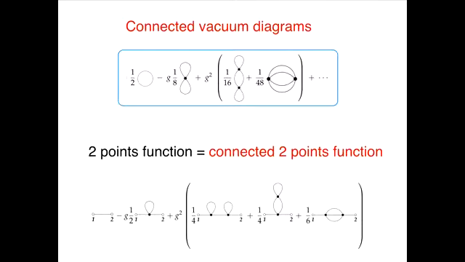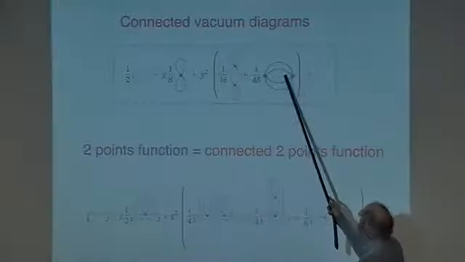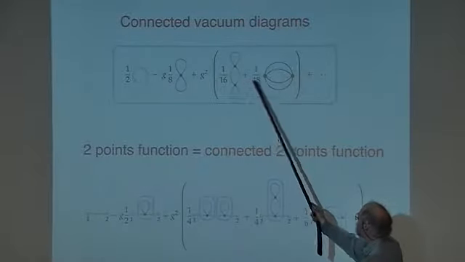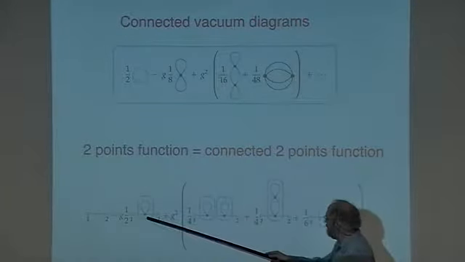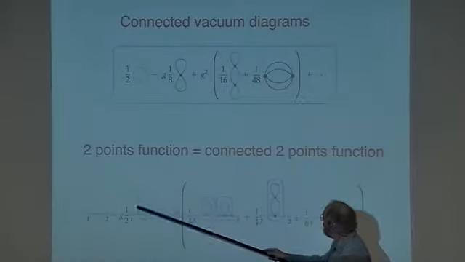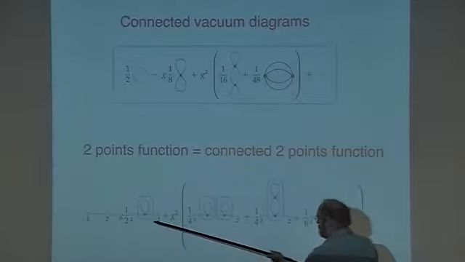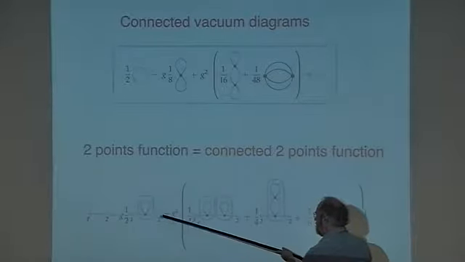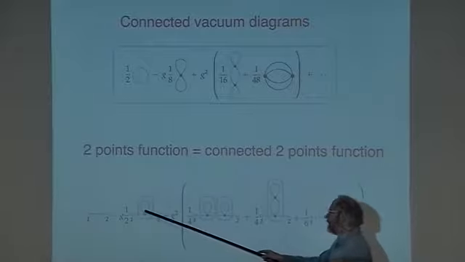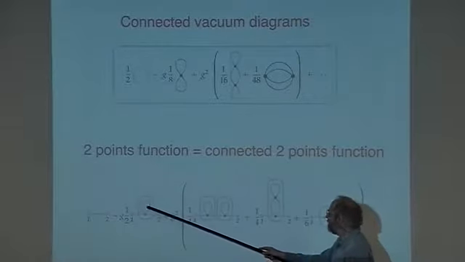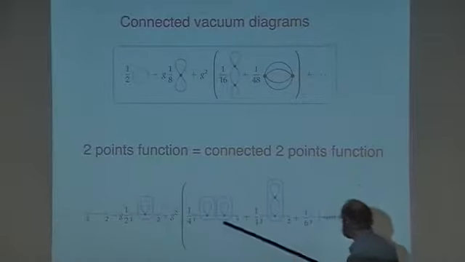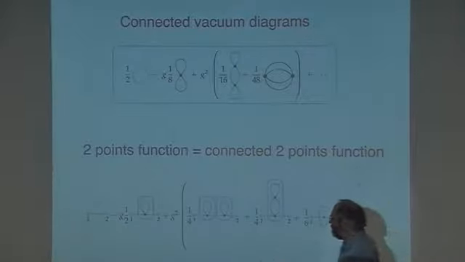Now we start to see some structure. These diagrams, we are going to discuss them later, but you see that the two-point function is made of connected diagrams that are a chain of more elementary pieces, which I have drawn inside the blue boxes, connected by propagators.